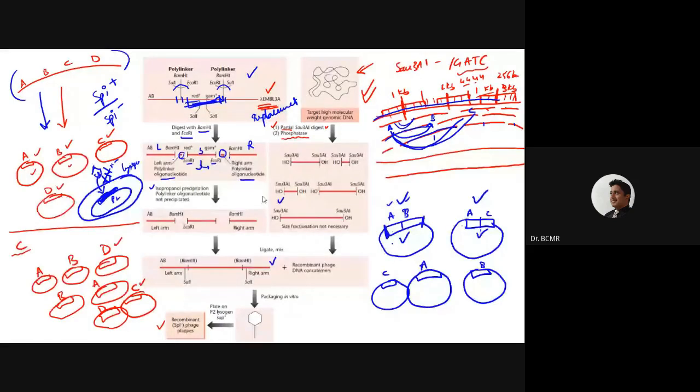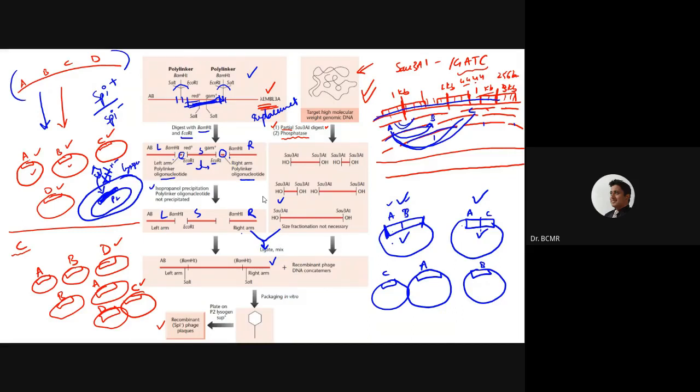And then we will now use these three large fragments, that is left arm, stuffer region, and right arm, and then add also the fragments, the DNA that we are looking at, and then we will do ligation.